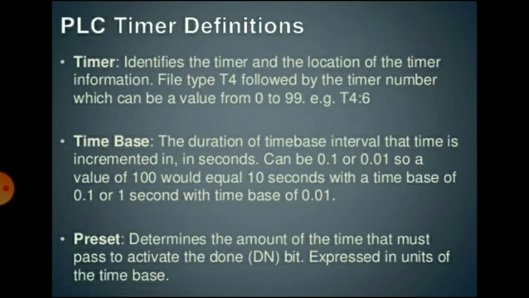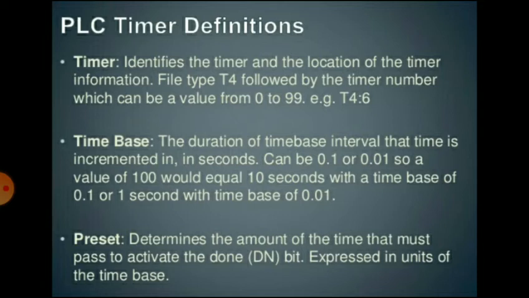The file type is T4 followed by the timer number, which can be a value from 0 to 99, for example T4:6. Then the time base: the duration of the time base interval, that is, time is incremented in seconds. It can be 0.1 or 0.01. So a value of 100 would equal 10 seconds with a time base of 0.1, or 1 second with a time base of 0.01.